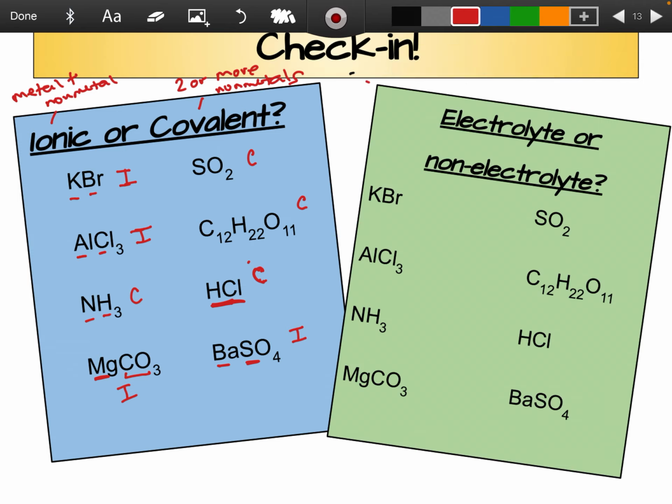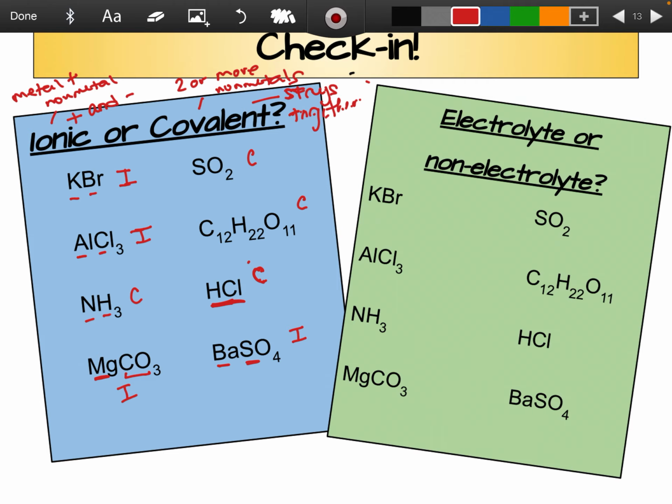All right, so then for electrolytes or non-electrolytes, so remember, if you have an ionic substance, that's going to break apart into positive and negative ions. If you have a covalent compound, that molecule stays together and does not break apart. Oops, my pen is not working very well.